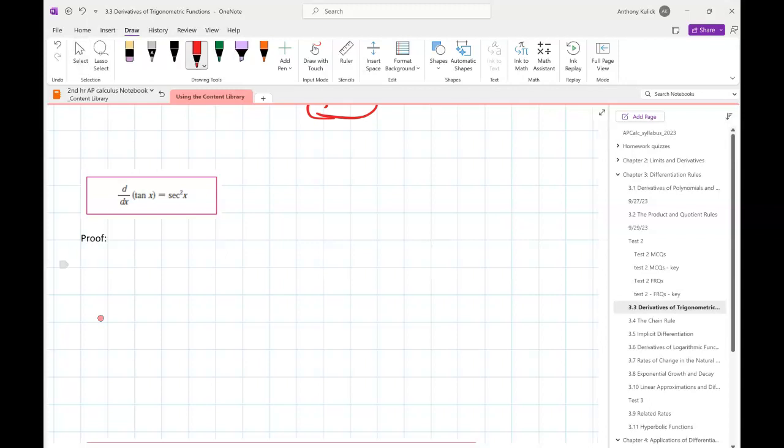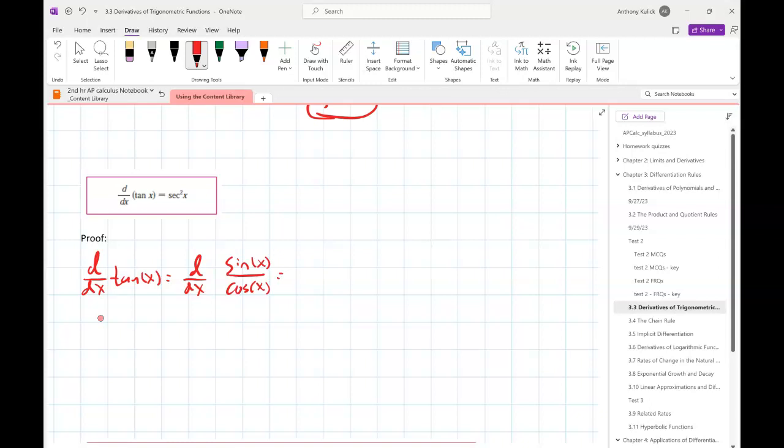How using the quotient rule? I just know that's because of 1 over cosine. So I was thinking fractions. Yeah. Well, what's tangent the same as? Oh. So then we can do the quotient rule.